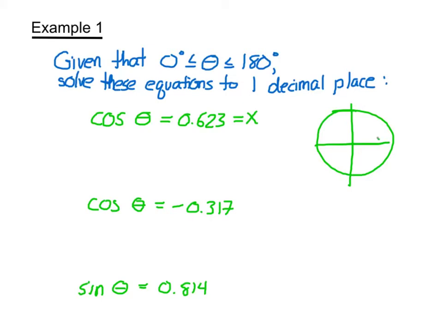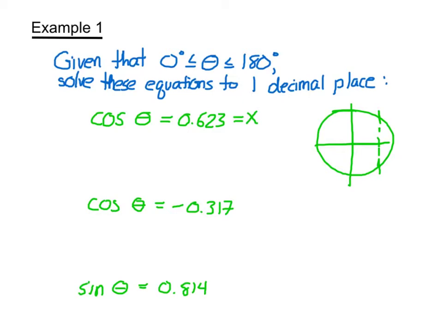Let's estimate that x value here. And if we drew a line vertically through that x value, we'd see that it intersects the unit circle in two places. That's because there are two angles between 0 and 360 that would have this same x-coordinate.